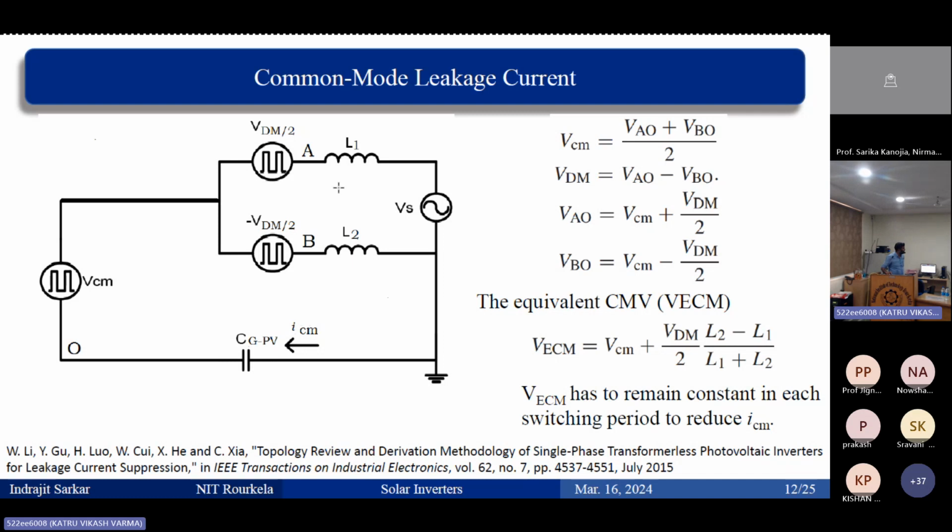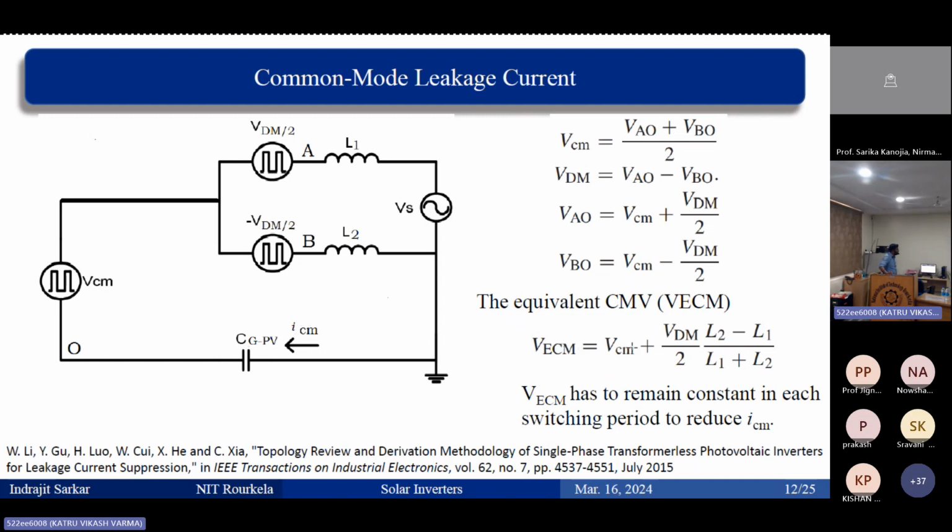I was talking earlier about keeping an eye on these three points. The differential mode voltage is this voltage minus this voltage, and this is the common mode voltage. Now the potential of AO is the common mode voltage plus the differential voltage divided by 2, and BO, this potential, is the common mode voltage minus half the differential voltage. Now there exists an equivalent common mode voltage.